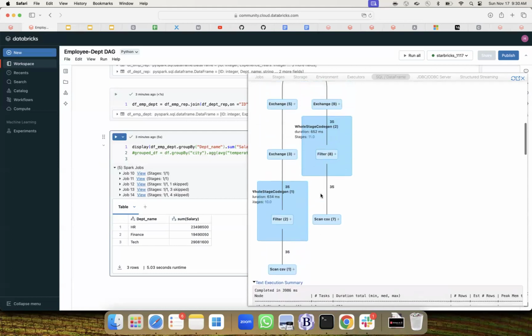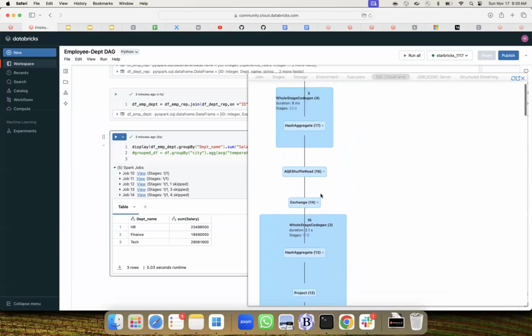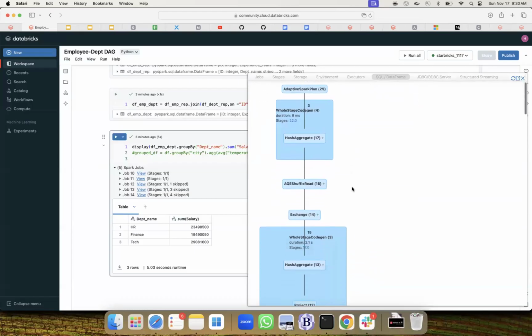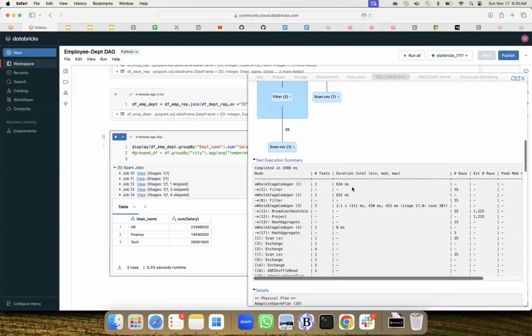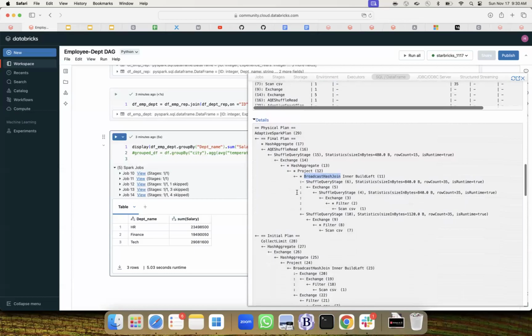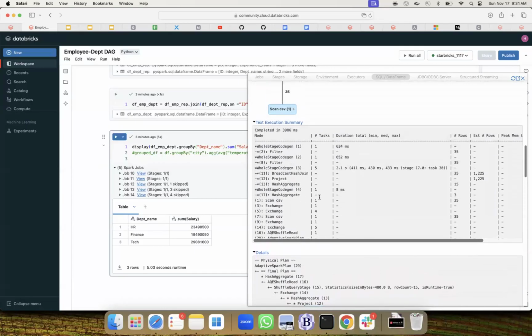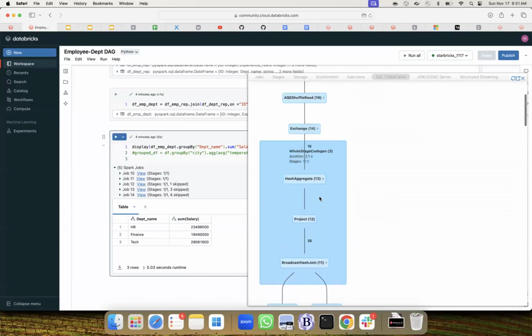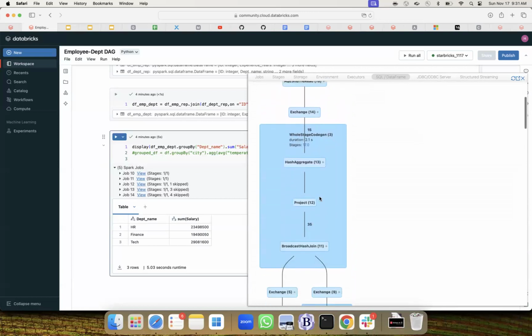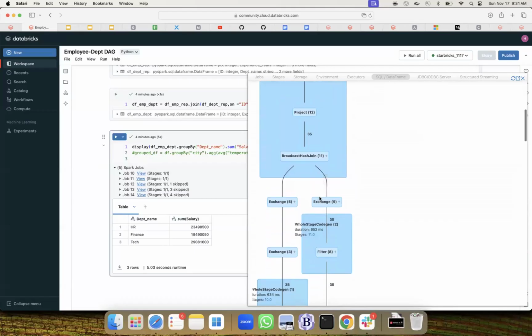Just know at a high level what the DAG is, how it is executed, when each stage is created, how parallelism works, right? And when it is a join, you can see the physical plan and the initial plan, the adaptive Spark plan, what kind of join strategies it is using, and how it creates this DAG. Whole stage codegen is basically where it generates the actual code to execute.